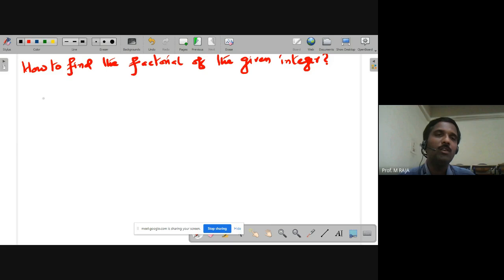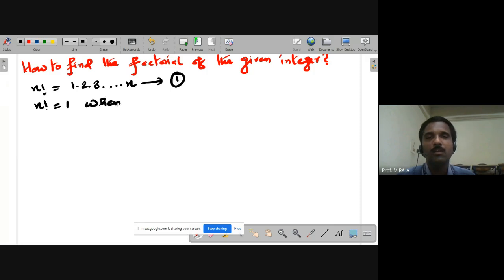Mathematically, we have learned that n factorial, this is the factorial of the non-negative integer n. This is 1 into 2 into 3 into etc. up to n. This is one equation. And n factorial is equal to 1 when n becomes 0.